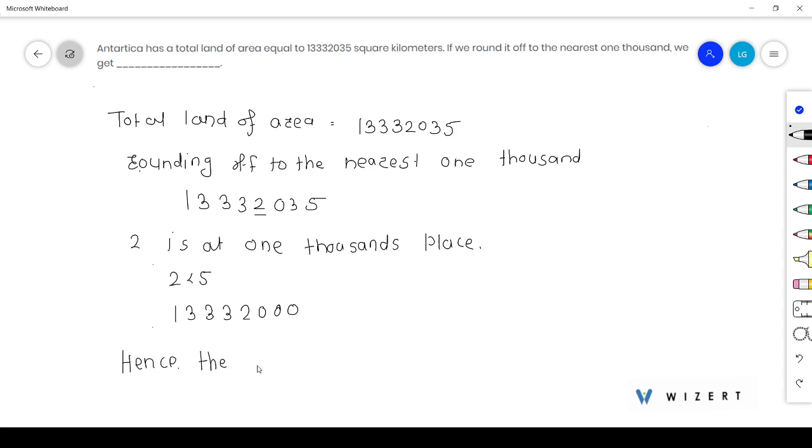Hence, the required area will be 13,332,000 square kilometers.